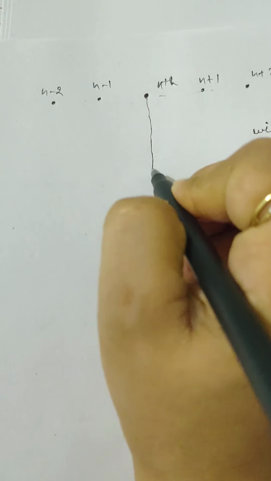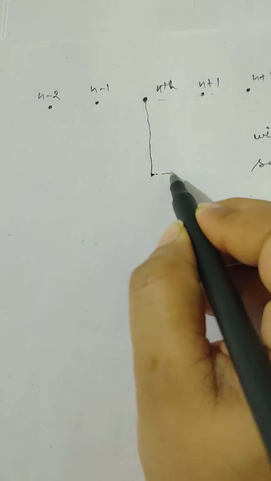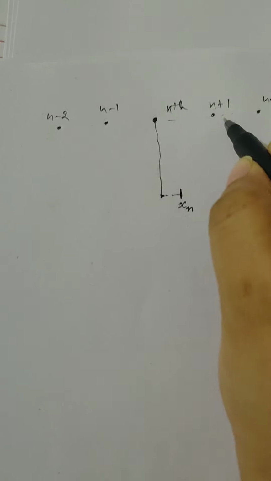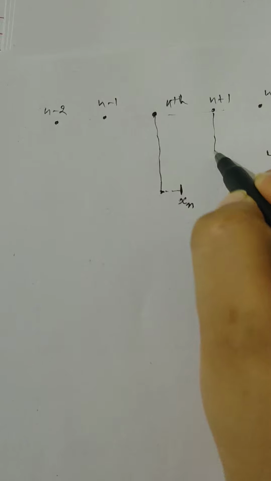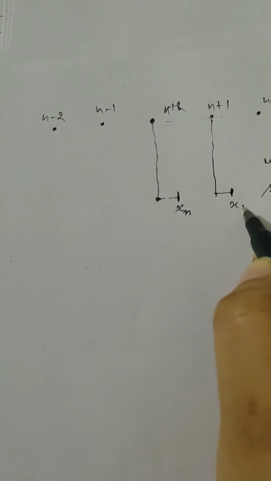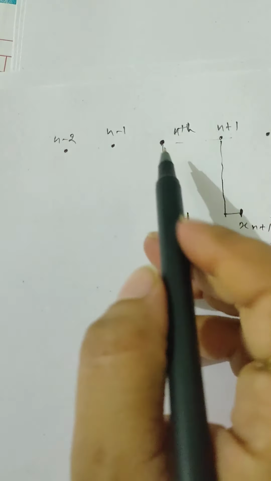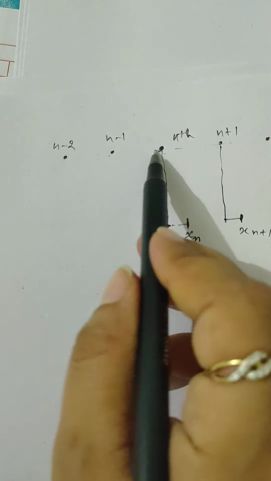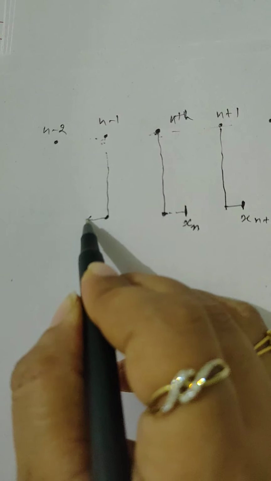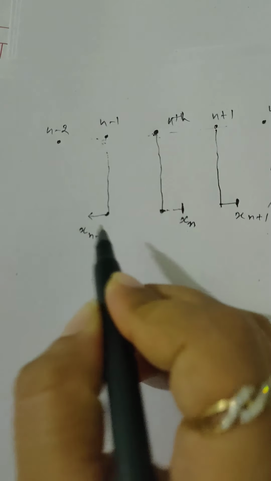by some distance. So if this nth atom is displaced by magnitude xn along the right side, this by xn plus 1. Similarly, if this atom exerts force on each other, then the n minus 1th atom will displace by x n minus 1.